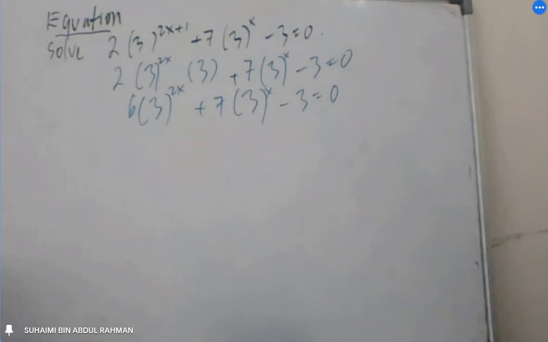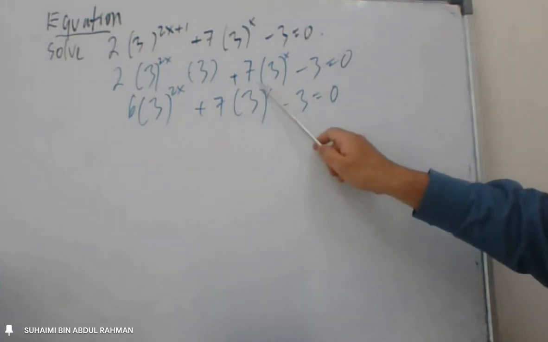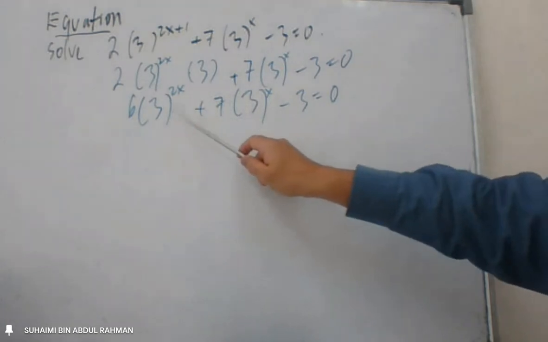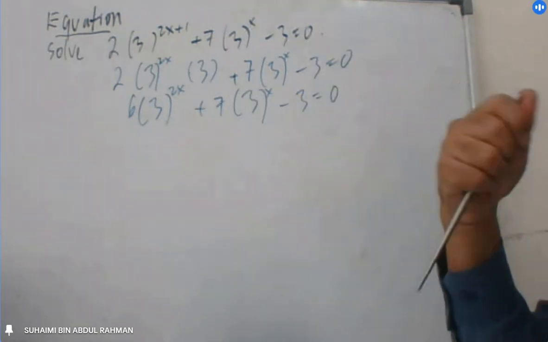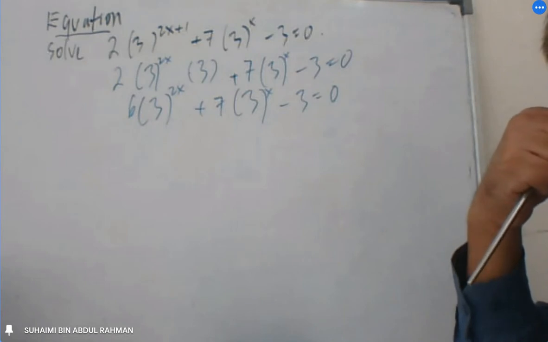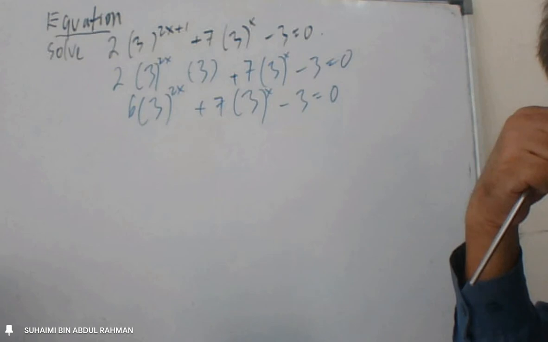We have 3 to the power of 2x and 3 to the power of x. Because we can use it to find x using the quadratic equation, when we let y equal 3 to the power of x.